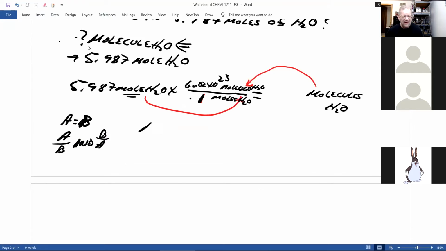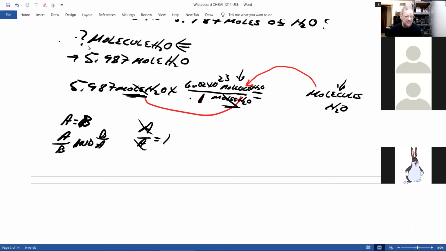Now, anything divided by itself equals 1, meaning it cancels out. Notice I have moles of water divided by moles of water. This cancels out. The only thing I'm left with unit-wise is molecules of water, which is what I want my answer units to be in. So now I'll pick up my calculator, turn it on, clear it.